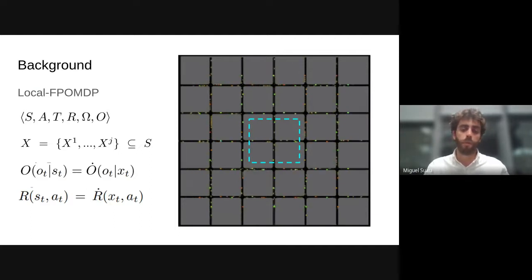So there are a few reasons why you would like to model this task in this way. Why you would like to have local observations and local rewards? But essentially, if you think about the local observations, well, if you're training a neural network that takes as input the entire global state, if this state is very large, that might be a bit hard, right? Because you have too many variables, most of which are irrelevant. So a much simpler task is to just focus on the local information that you are having an impact on.